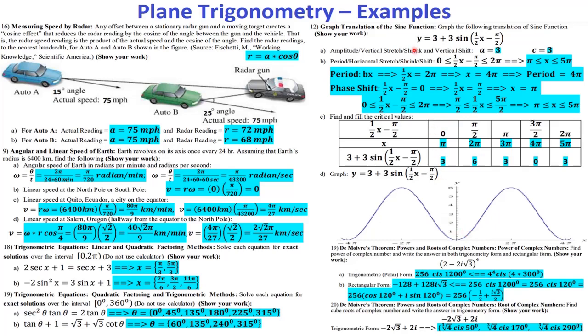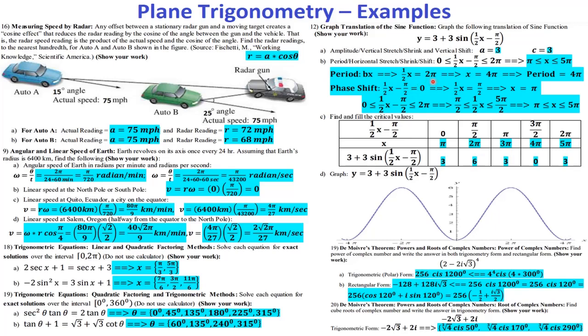So the way you find this is, first you find the amplitude. The amplitude is simply 3, and there is no vertical shrink; the vertical shift is 3. Then the period: bx, which is half x, equals 2 pi.